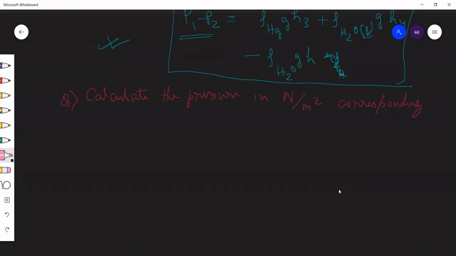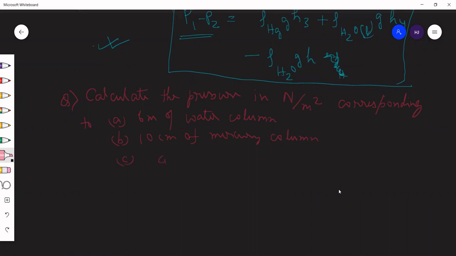You can write the questions, okay? Corresponding to 6 meter of water column. Okay, like this, you have 10 centimeter of mercury column.